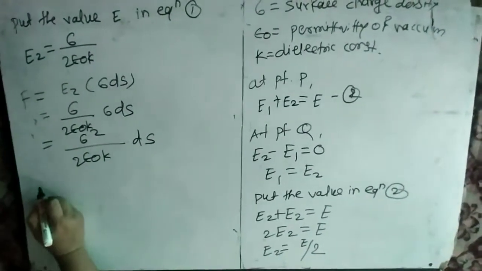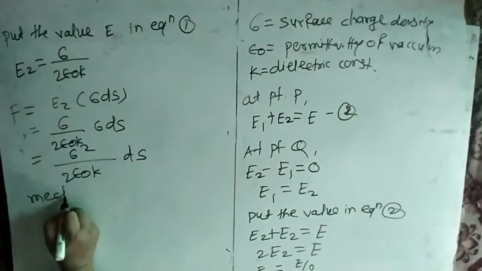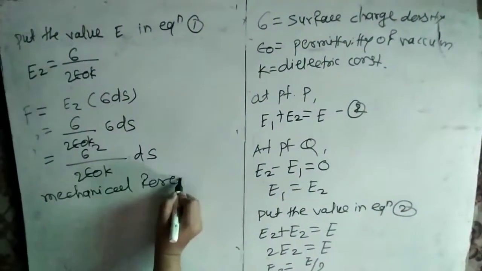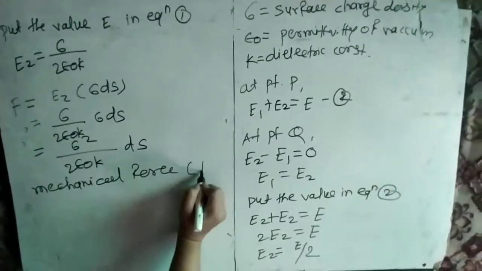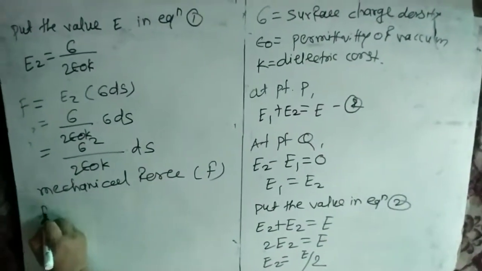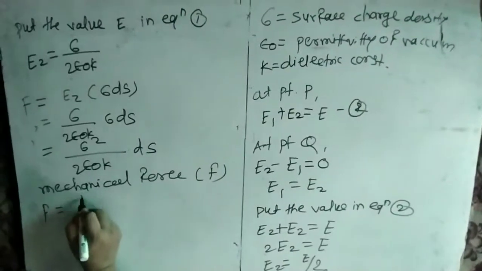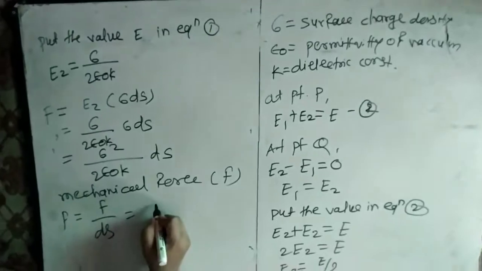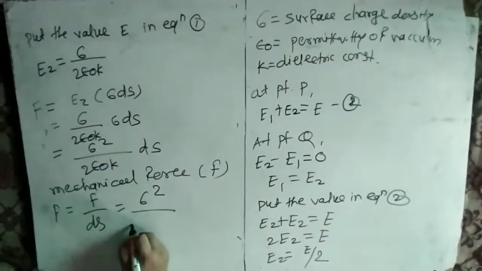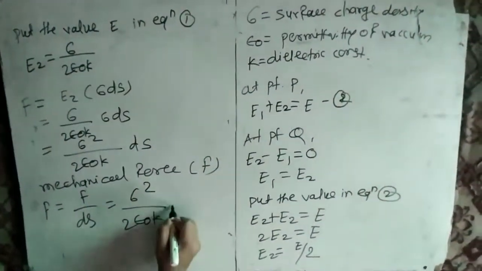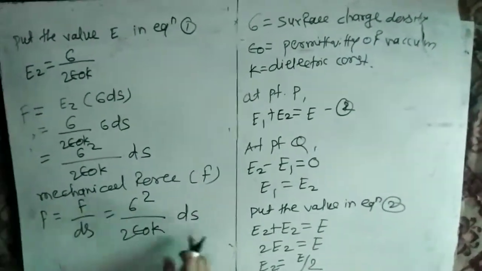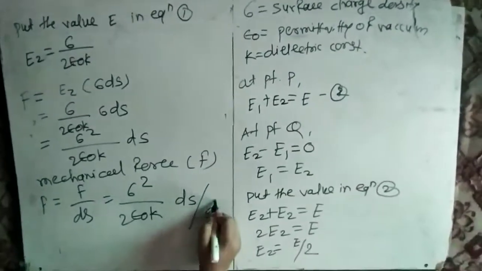But the mechanical force per unit area is denoted by small f. Small f is equal to what? Capital F divided by dS. Capital F is sigma square upon 2 epsilon 0 k into dS, whole divided by dS.